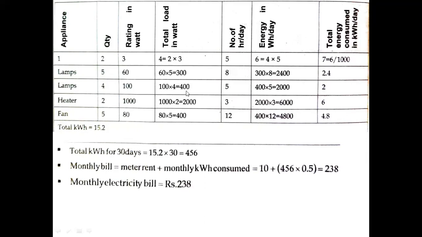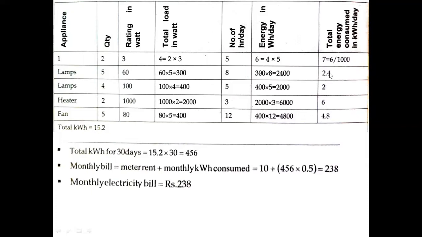So 4 into 100, 400 watts is the total load in watts. And working for 5 hours, so into 5 gives you the watt hours, and by 1000 gives you the kilowatt hour. Similarly for heater also, for fan also.